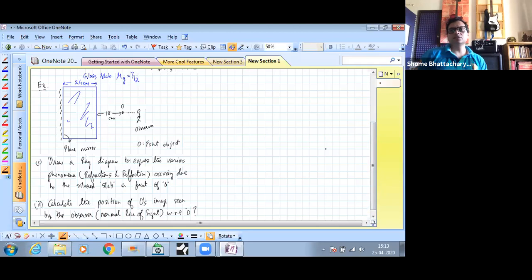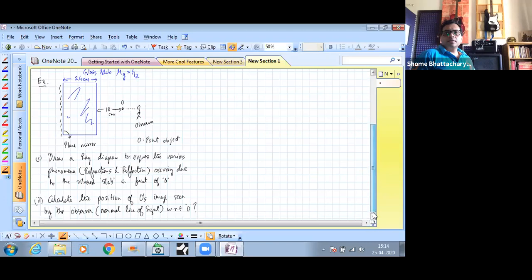Then we will see how to apply calculations to that and how we can get the position of the image with respect to the object, the final thing. So let's understand the ray diagram to start with.